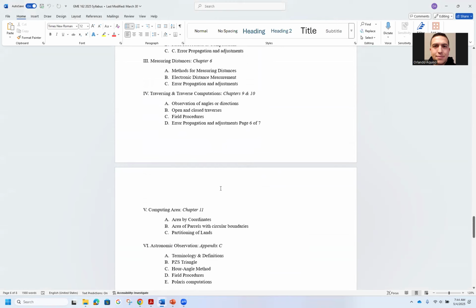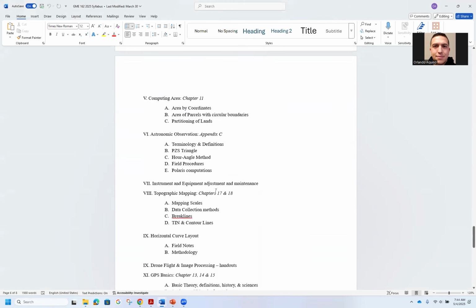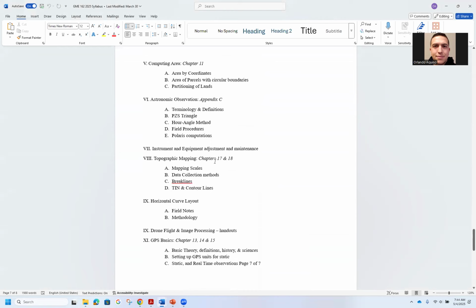I actually want to get the point of emphasis down to chapters 17 and 18, topographic mapping, because that's one of the more key things that you are going to have to do. Right now, we're still working with the traverse. So, lab wise, continue on with the traverse, and then we will move on to topographic mapping later on in the term.